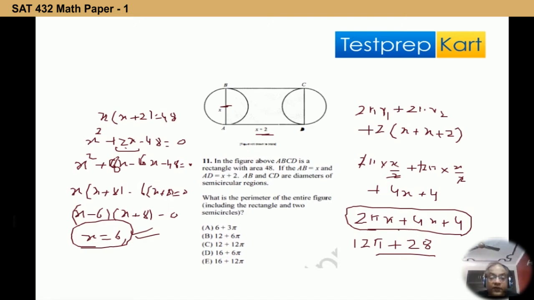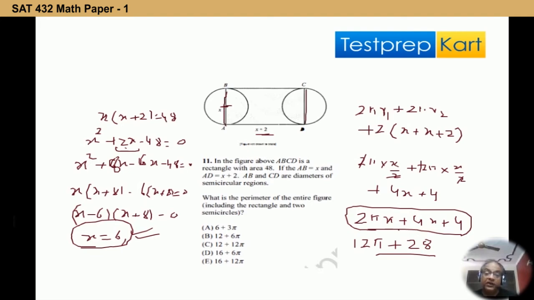This is 8, 6. Okay, so 12 pi plus 28. However, this portion you need not take it.